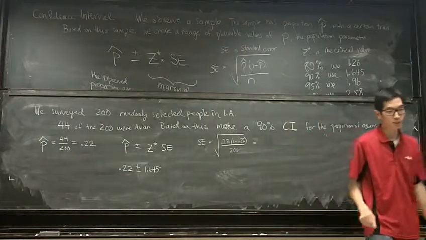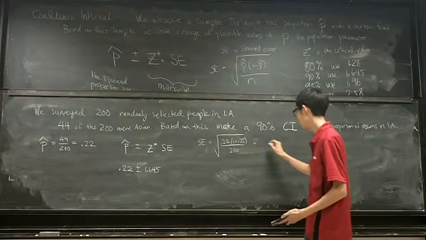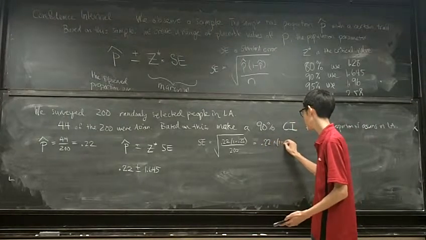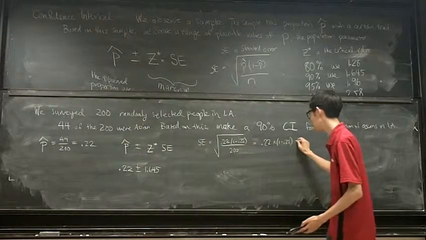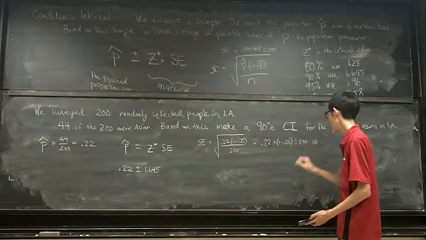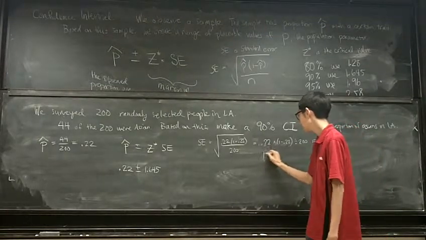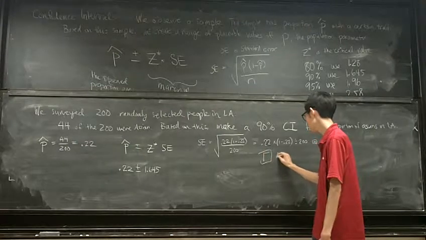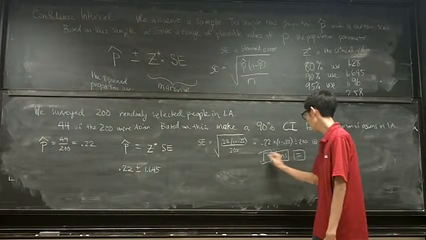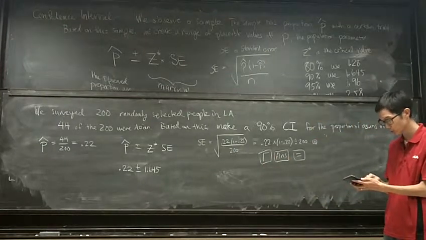So if you have a fancy calculator, you can just put this all in one line, and then it's two steps. 0.22 times parentheses 1 minus 0.22 close parentheses divided by 200. You hit equals, and then depending on your calculator, for me, I do square root answer key equals. Okay, so these are the exact buttons I'm going to put in my calculator.